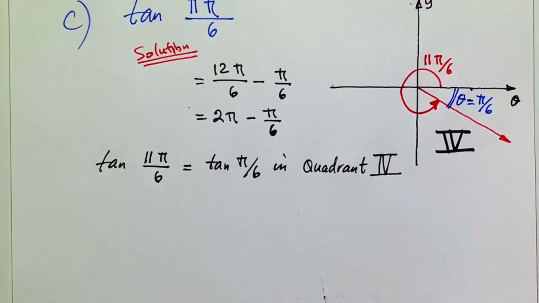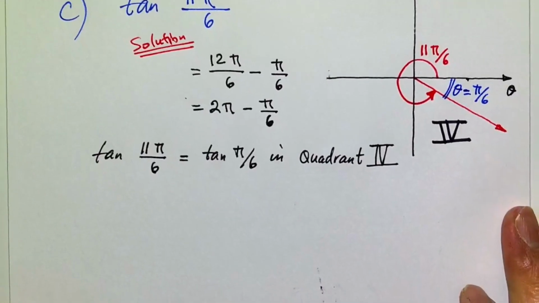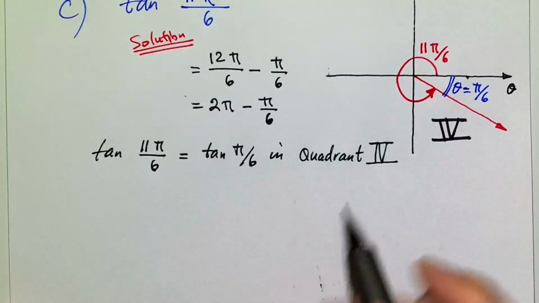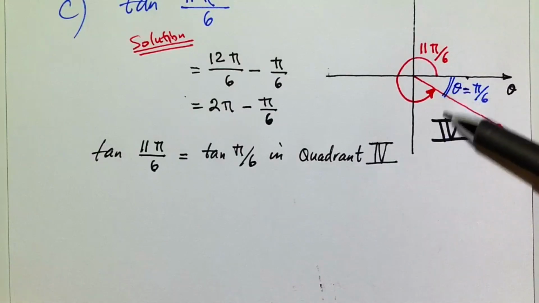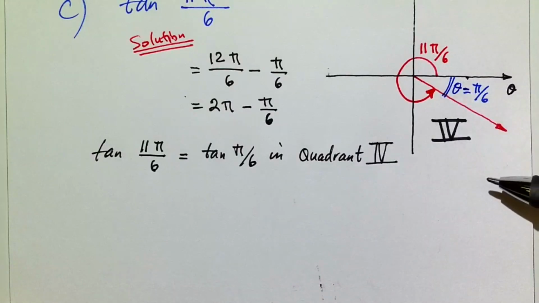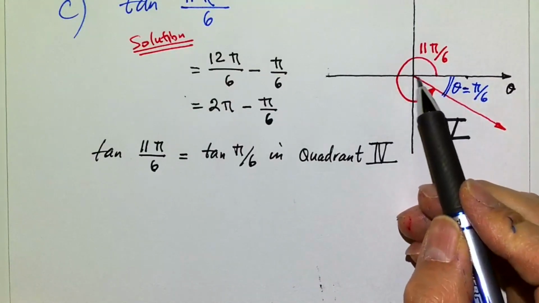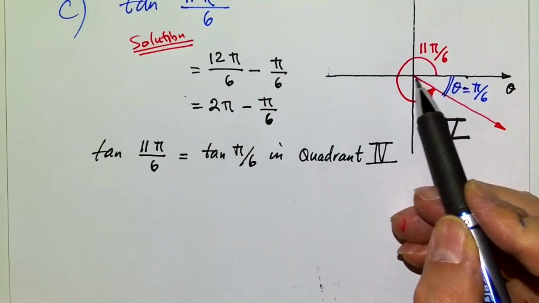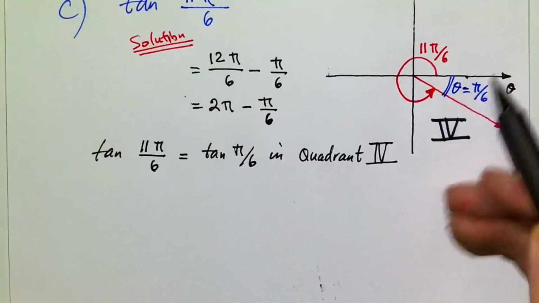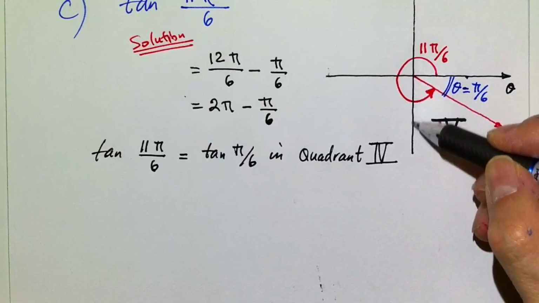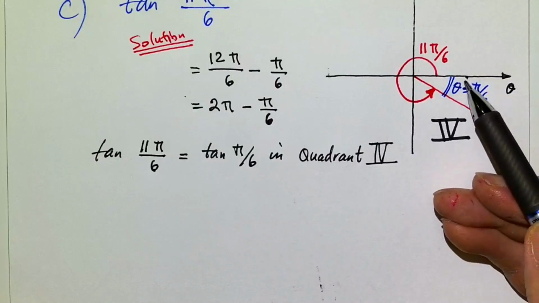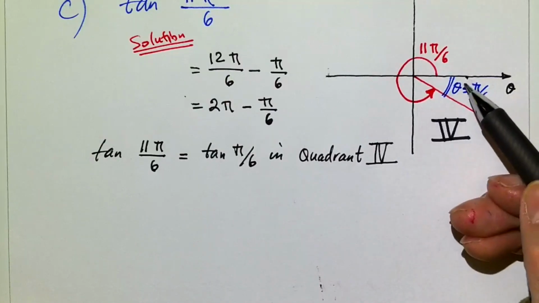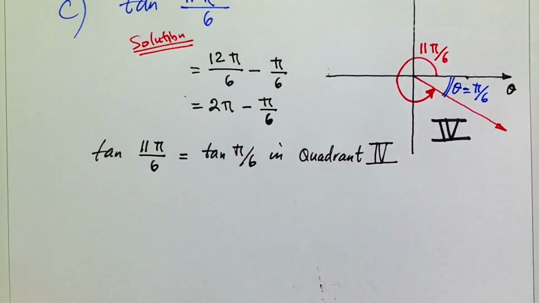Very important in terms of the algebraic sign of what we need to calculate. So what is the sign of the tangent function in the fourth quadrant? Well, the x-axis, or the cosine, is positive in the fourth quadrant. The y-axis, or the sine, is negative. And tangent is sine divided by cosine. Negative divided by positive, we get negative.